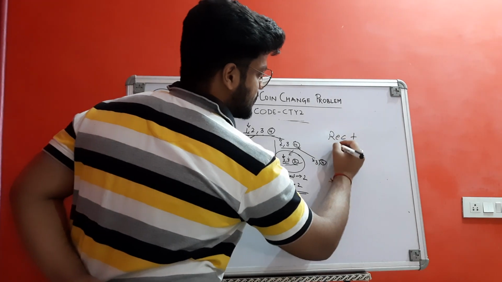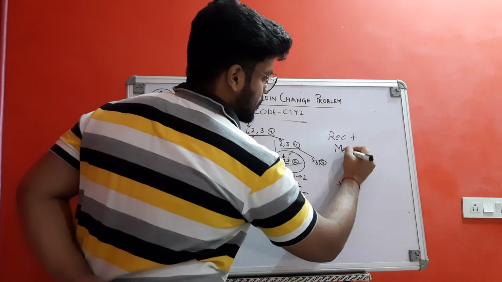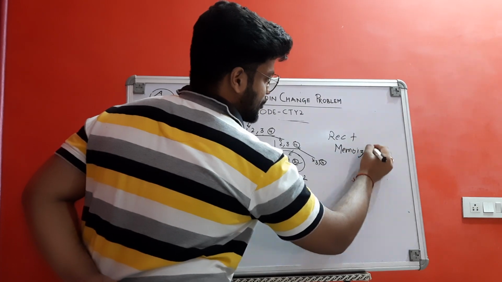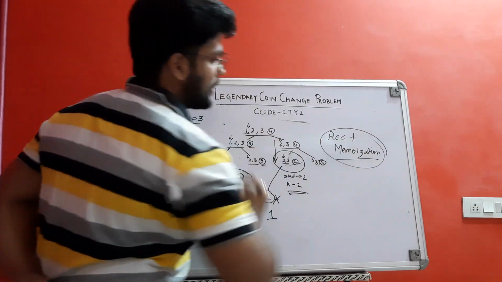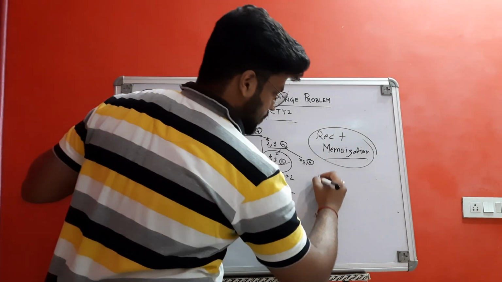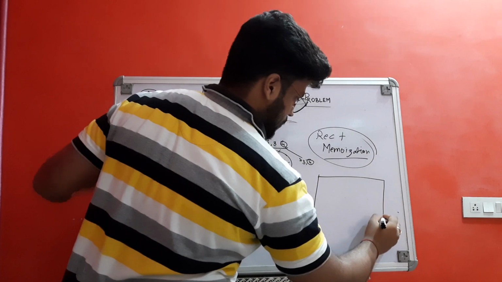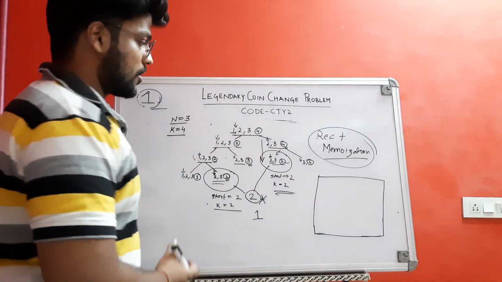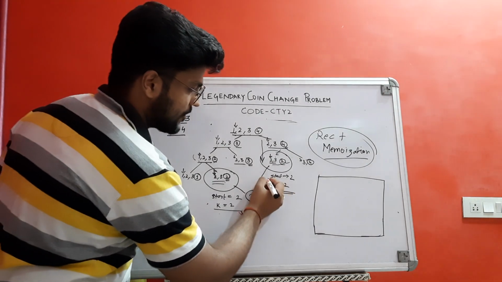Recursion plus memoization. In this, what you have to do is just make a 2D array, for different values of k and different values of start.